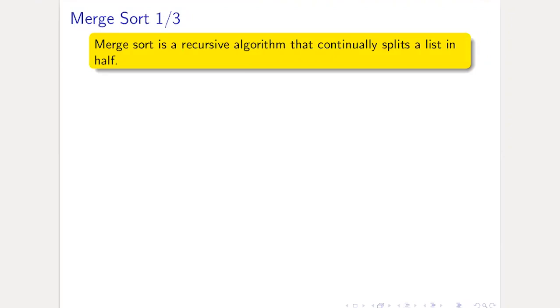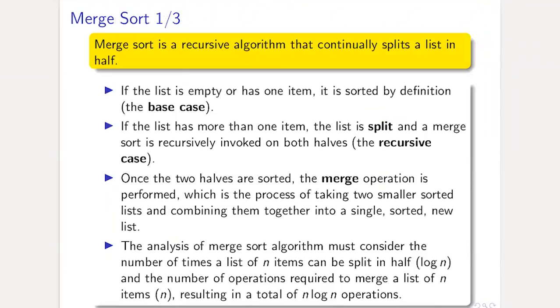So this one will continually split the list into half. Okay, so a classic case of a recursive algorithm. Okay, so the base case is when you have a list which has only one item or is empty, then it's sorted. Okay, to get to this base case situation, you keep on splitting the list you have.